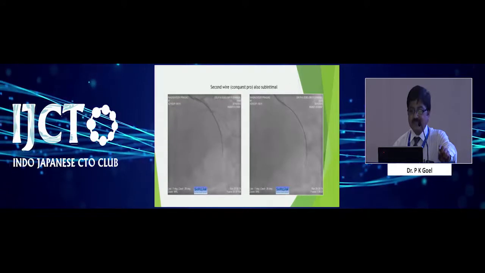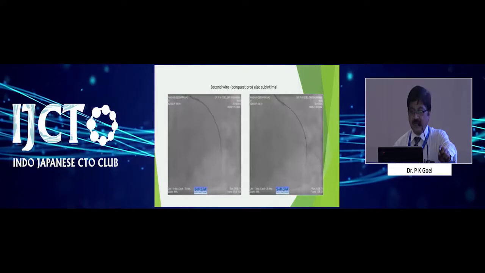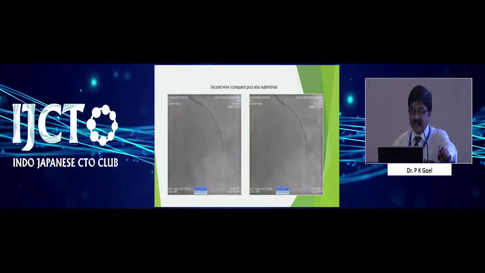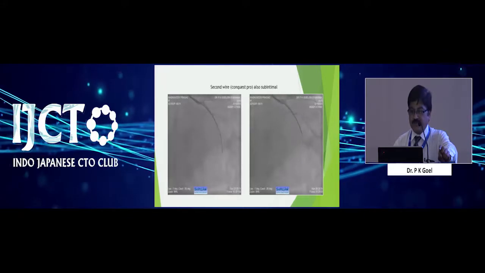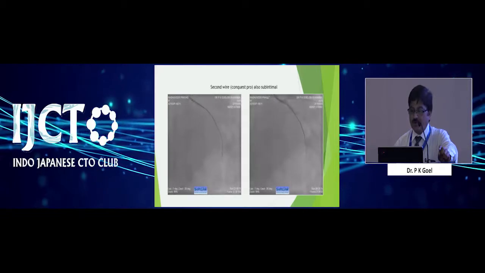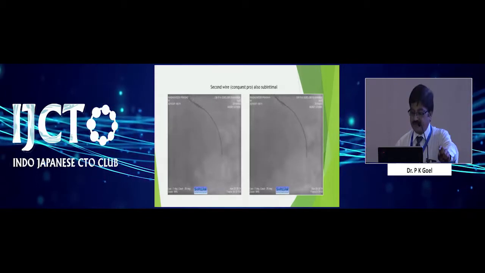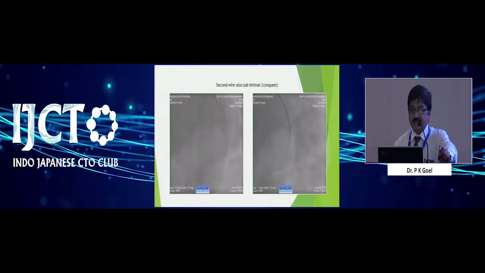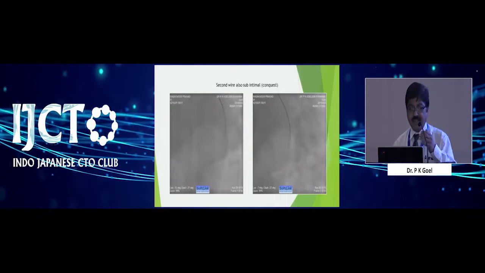And now the second wire, as you see, well, we have two wires, but the second wire is closer to the vessel, but it is also probably not in the right track, which is Conquest Pro this time.